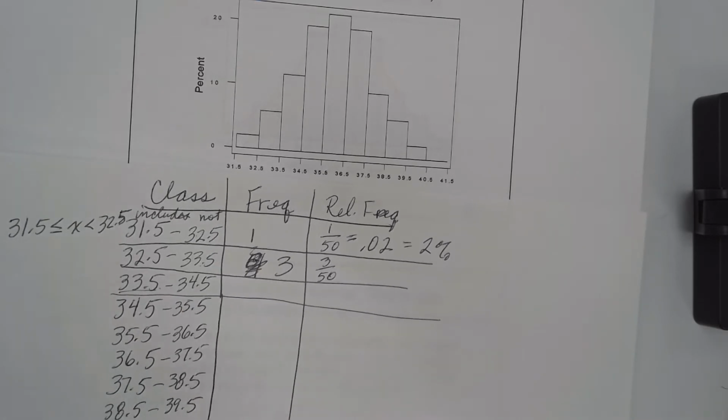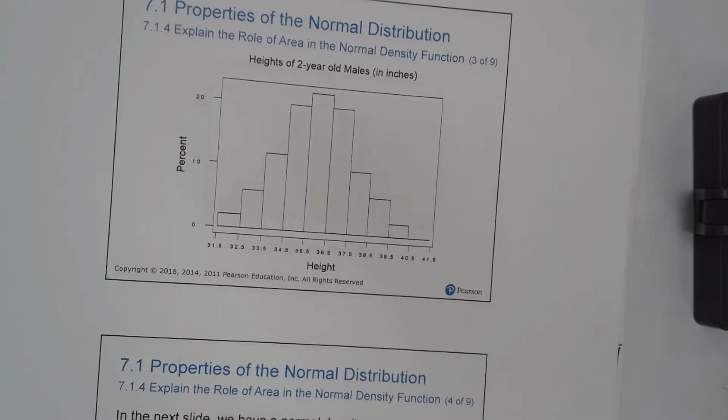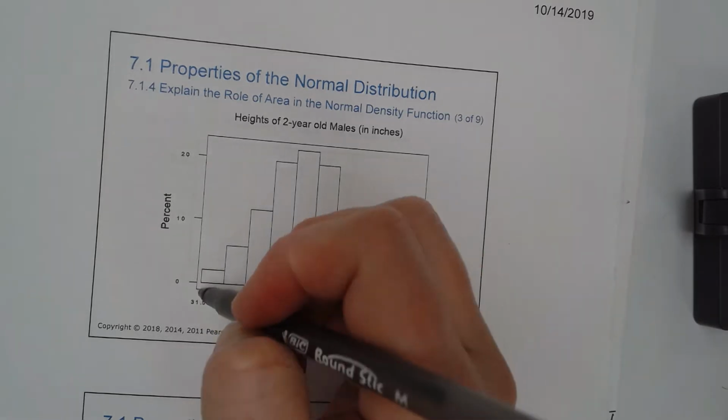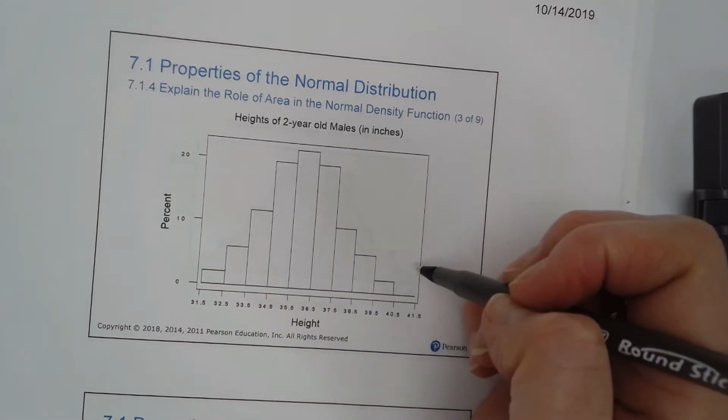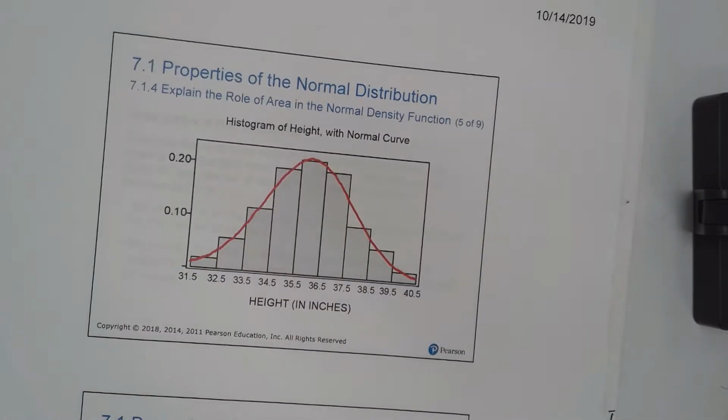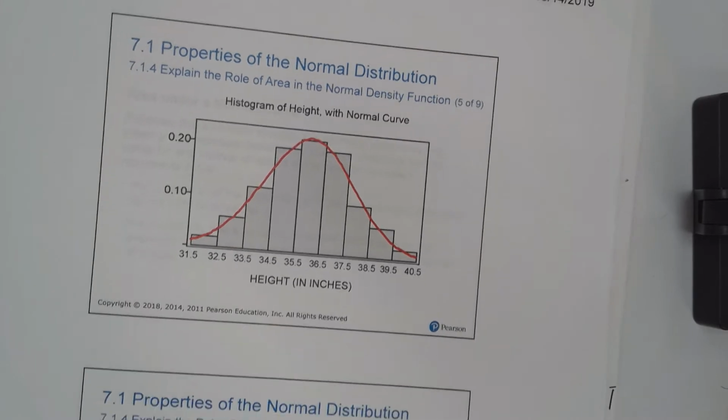All right. So the second question, after you make this histogram, is: is it normal shaped? Is it bell shaped? Yes. Okay, so if I were to draw a bell shape over that, it would be bell shaped, which is what they did on this slide.